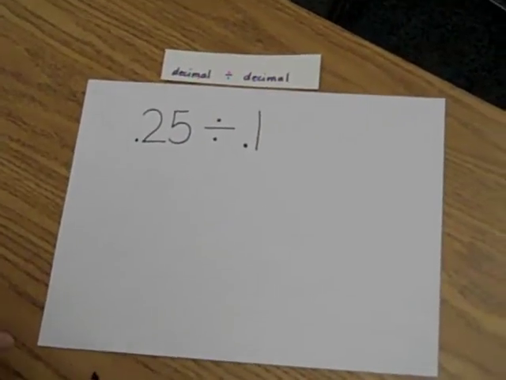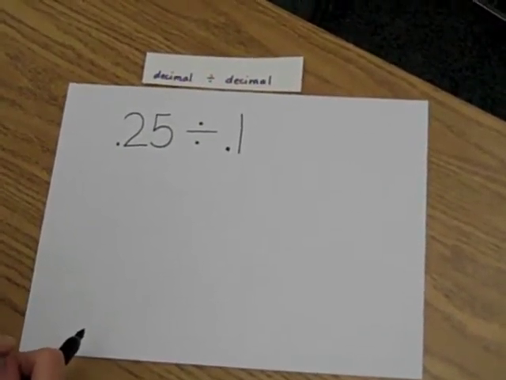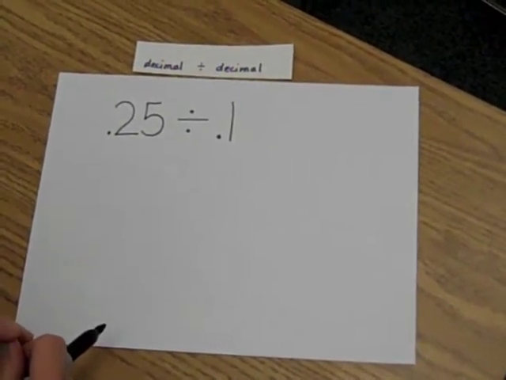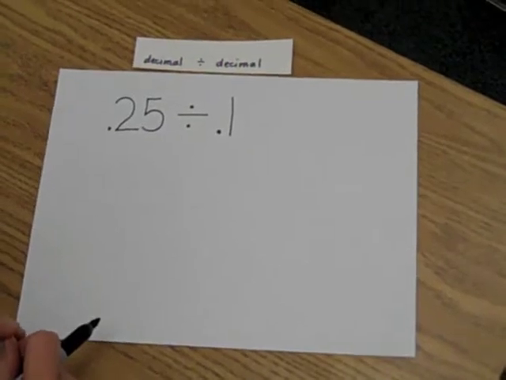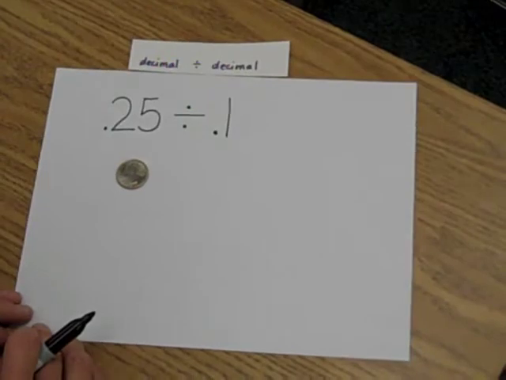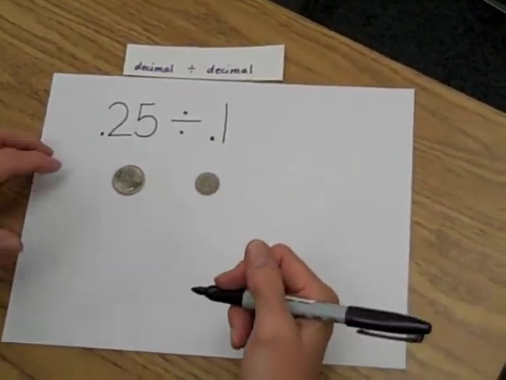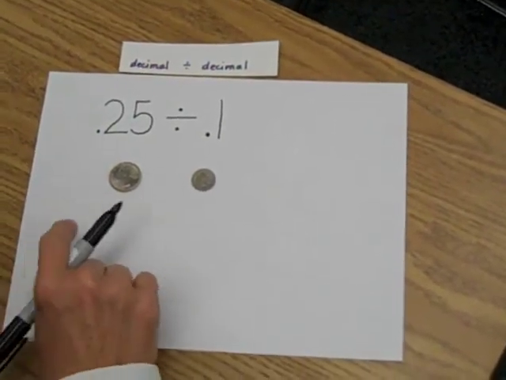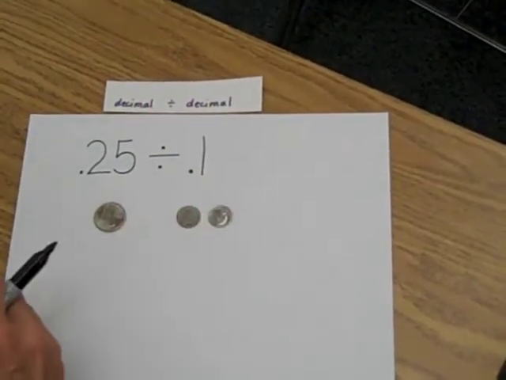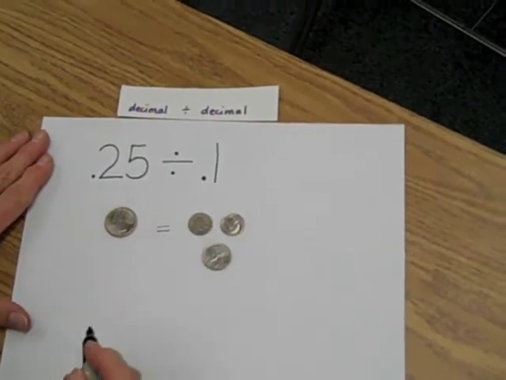This problem is a decimal divided by a decimal. 25 hundredths divided by 1/10. How many 1/10ths are in 25 hundredths? We can think about this as 1 quarter is 25 hundredths, and we want to know how many dimes, or how many 10ths, are in this quarter. We know that there are 2 dimes and 1 nickel is equivalent to 25 cents.